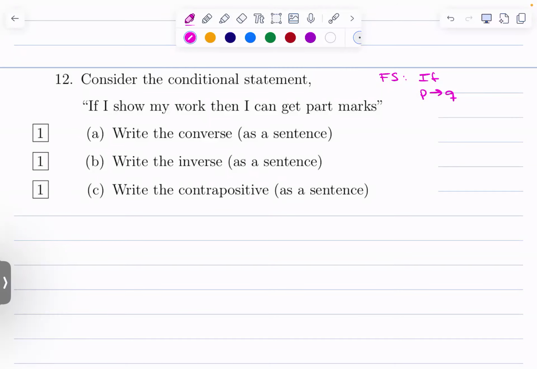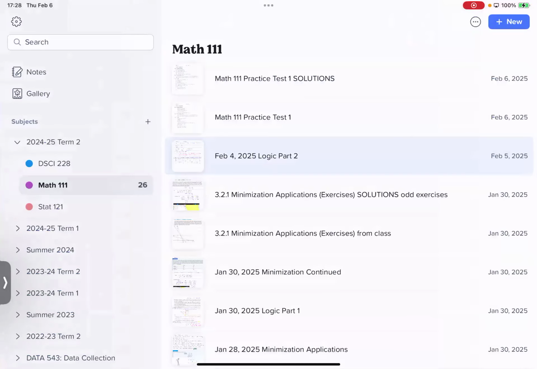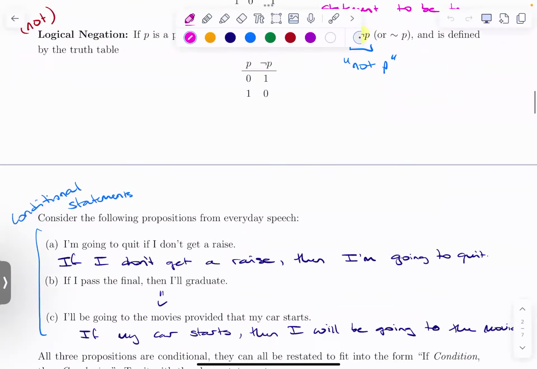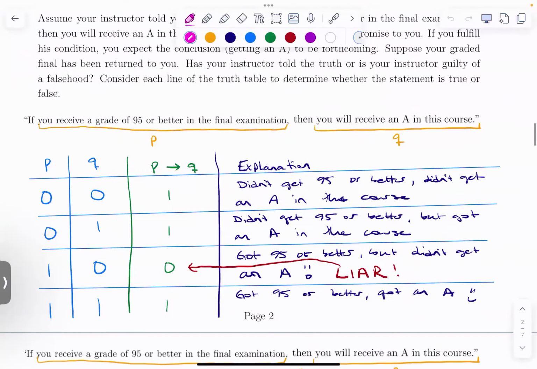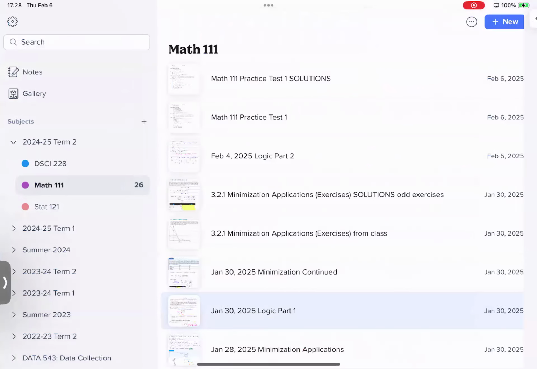I better grab it from somewhere. Then the converse is if Q, then P.